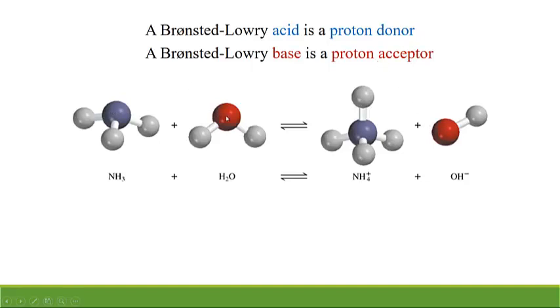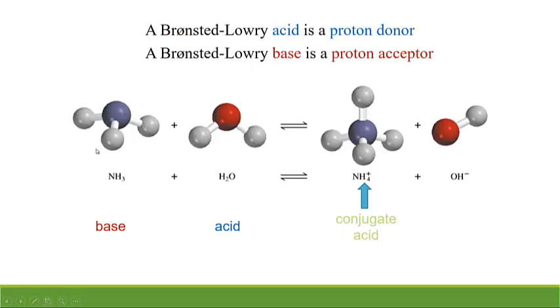So this is going to be our acid because it's donating the proton. So you have to look at not only the reactants but the products to figure out which one is which. Like I said, NH3 is our base, and water is our acid. We call the NH4+ its conjugate acid, and we'll get into that in just a little bit.